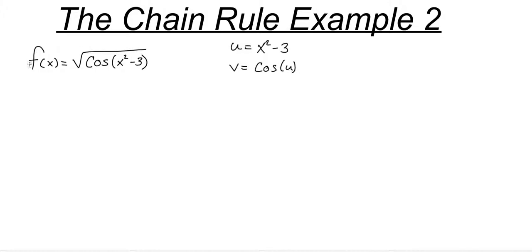So another way that I could write this now is I could say that y is equal to the square root of v. So really v is the cosine of u, where u is going to be x squared minus 3. So I basically just simplified this a little bit through some substitution here, and we could even change this a little bit further if we want to say v to the 1/2.